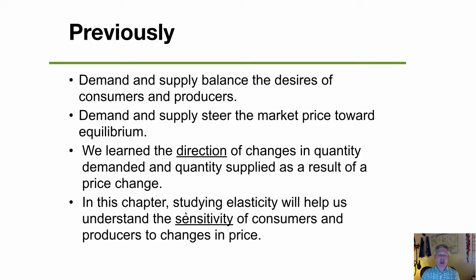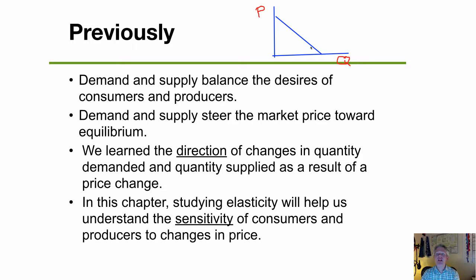So we're going to be looking at sensitivities. And mostly we're going to be looking at the sensitivity of demand to price. So how does quantity demanded change when price changes? We know it goes down. Again, we know from the supply and demand diagram that it slopes down. So as price goes up, quantity demanded goes down.